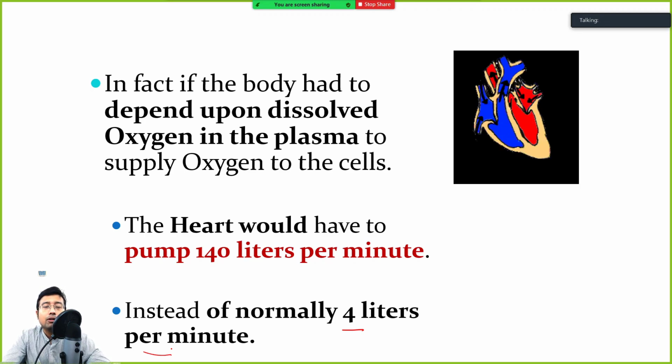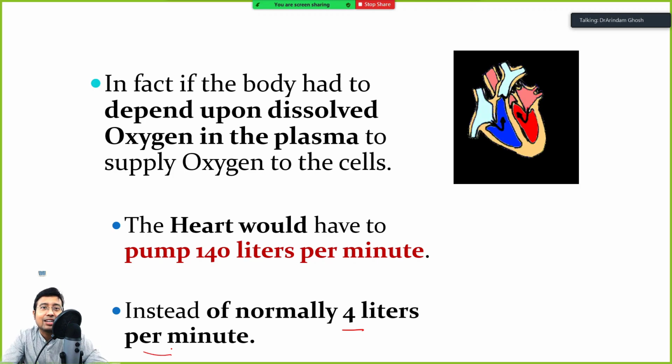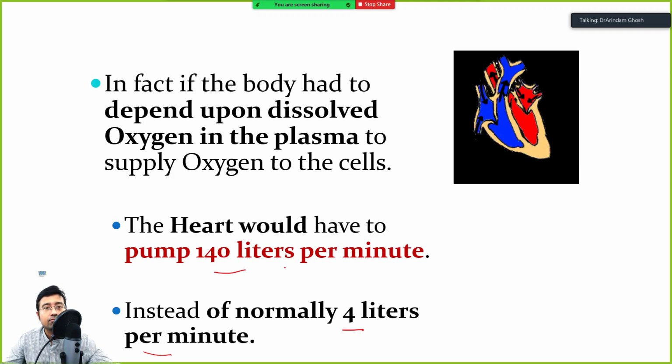Why? Because someone else is actually doing the job for heart. It is carrying the oxygen and it is delivering. If it was not there, if heart would have depended only on the soluble, small amount of oxygen that is dissolved in plasma, it would have needed to pump out 140 liter per minute, which is huge. Okay? And then maybe the heart would have tired out, would have died.